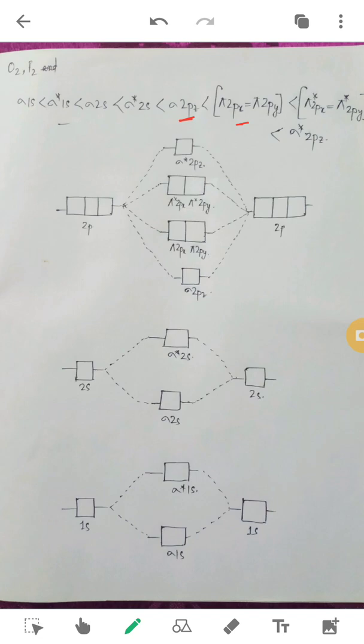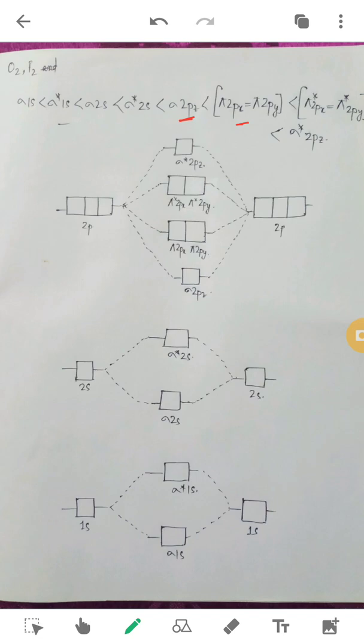In this case it is so because s and p orbitals have a considerably smaller energy difference, so there is less repulsive interaction, and hence we see this arrangement for oxygen, fluorine, and neon.